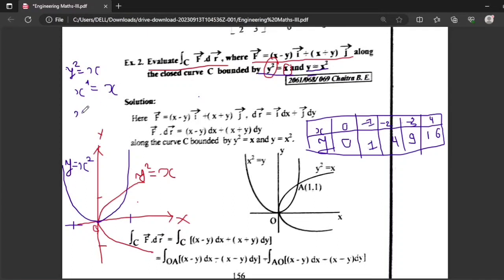So x power 4 minus x equals 0. Taking x common, the remaining is x cube minus 1 equals 0. So from here, x equals 0, and from x cube minus 1 equals 0, x equals 1.